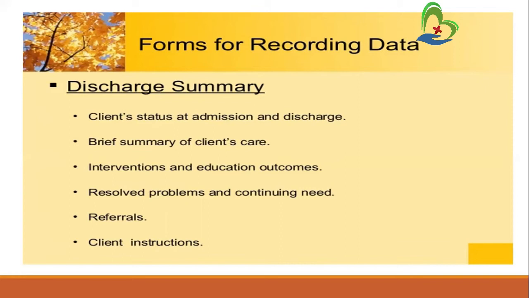Okay, so all of these should be mentioned in the discharge summary, so that we keep a record on the hospital side and the patient also has one. Okay, so these are all the forms of recording data.